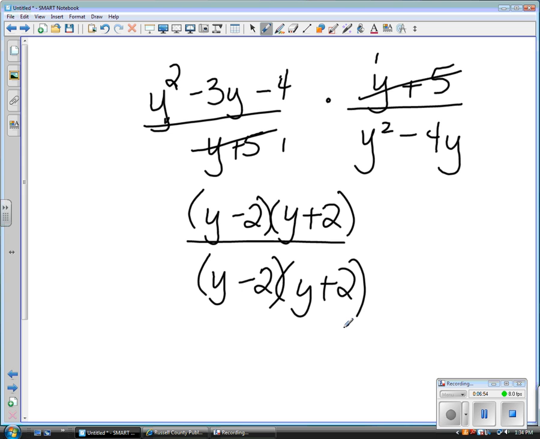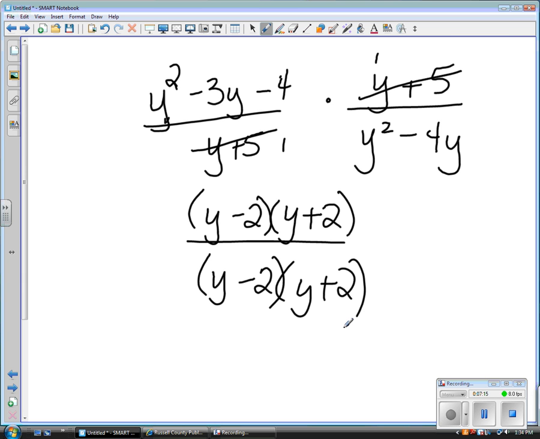Okay, so at this point, stop. What did you do wrong at the top? If you FOILed that, what's the first terms multiplied? Okay, which is? Okay, y squared, so we're okay there.